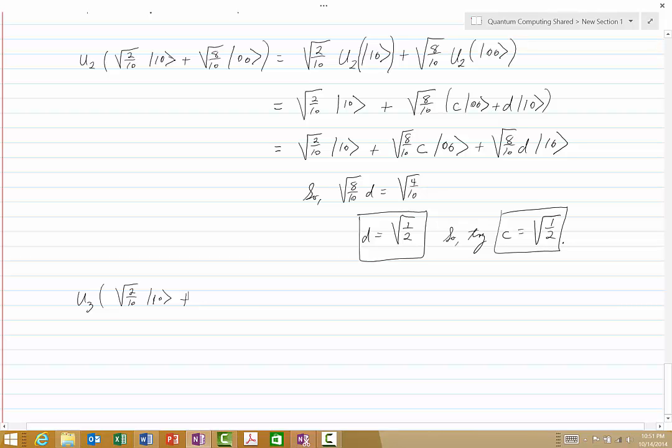C is square root of 1/2. So square root of 1/2 times the square root of 8/10 is square root of 4/10. So we get square root of 4/10 0 0. And then similarly here, square root of 8/10 times square root of 1/2 is square root of 4/10 1 0.